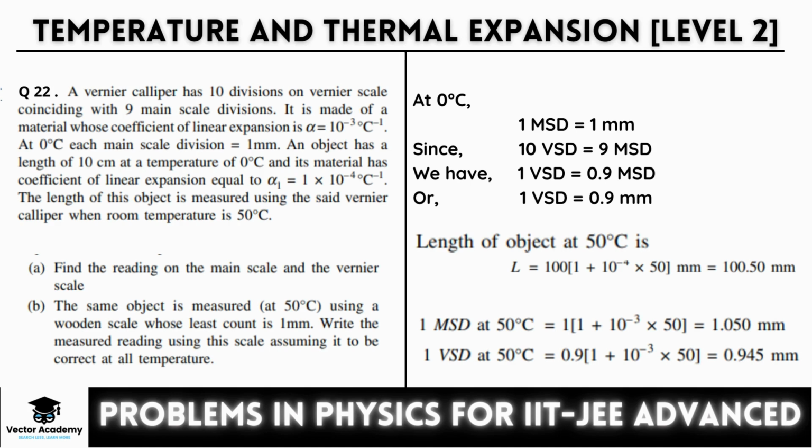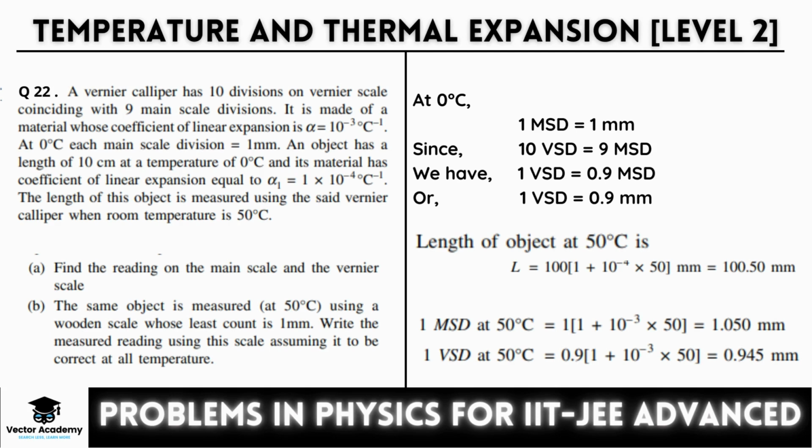Length of object at 50 degrees Celsius is L equals 100 into 1 plus 10 to the power of minus 4 into 50 mm equals 100.50 millimeters.